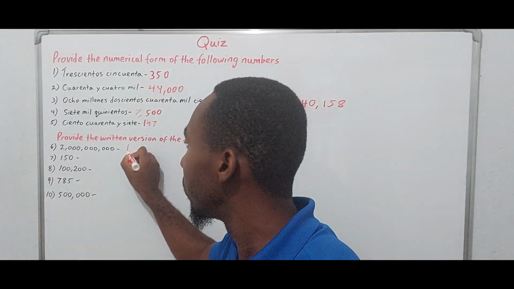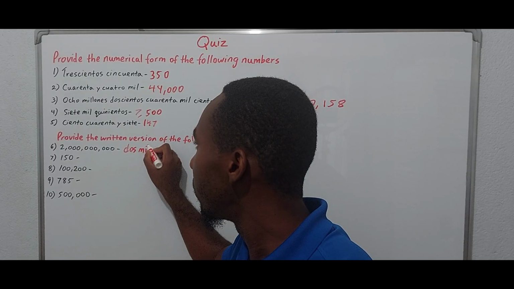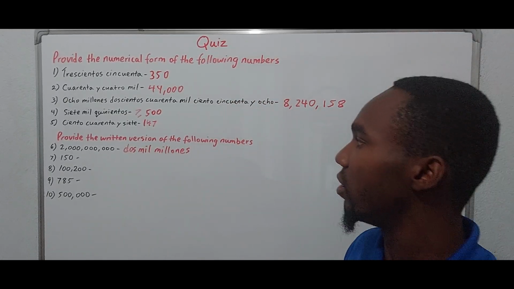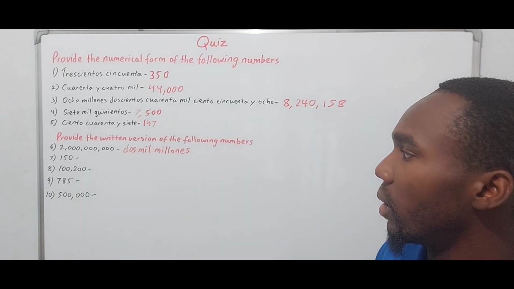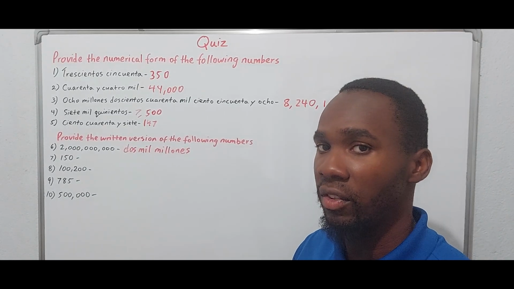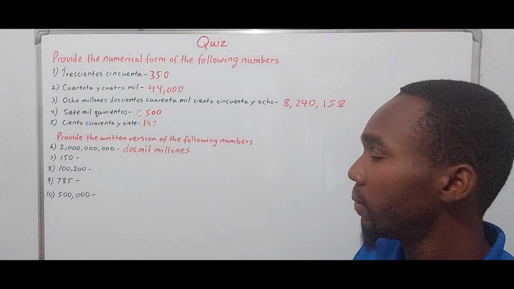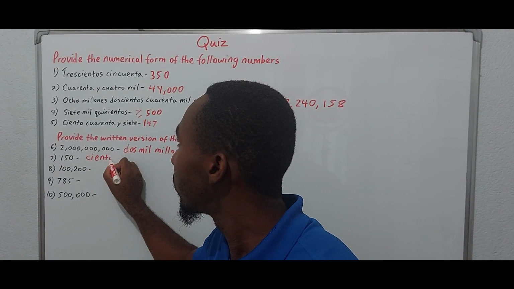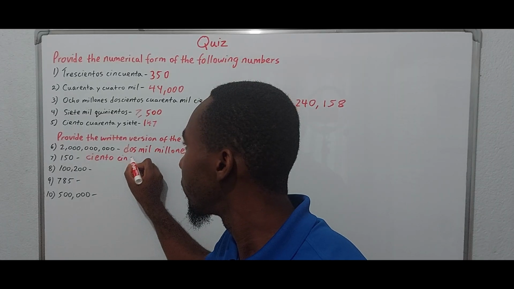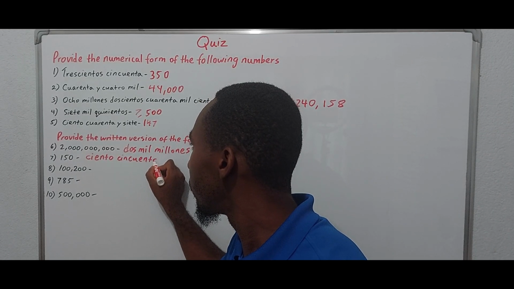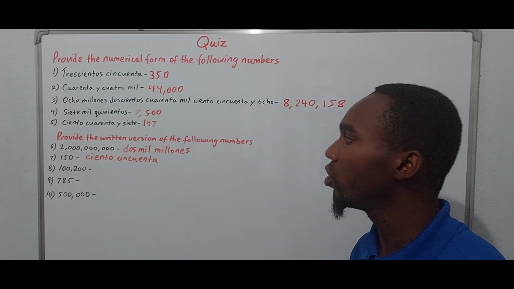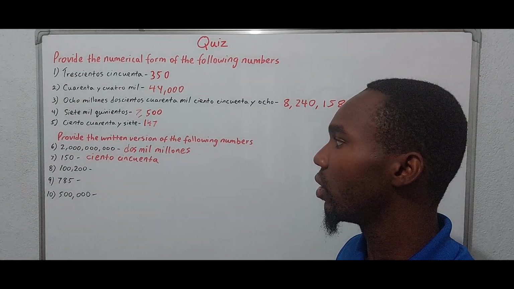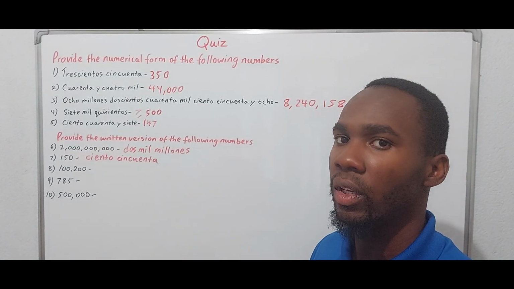So this would be 2.000 millones, 2 billion, because we have 9 zeros. When it comes to 150, if it's between 101 to 199, we use ciento, so ciento cincuenta. Ocho. Now we have thousands, so what is 100,000?